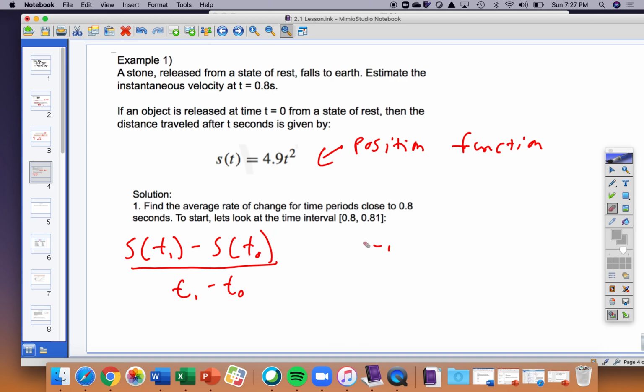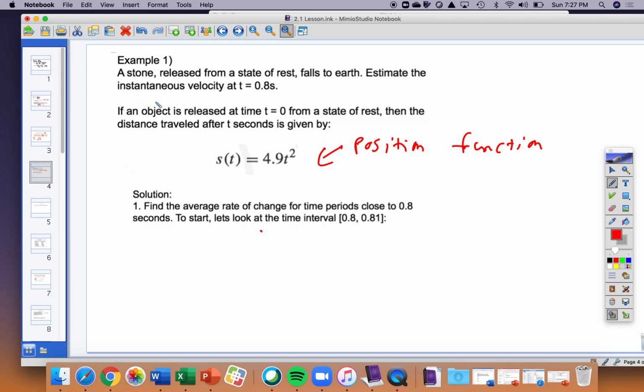So we're going to plug these values into this formula. We're going to find s of 0.81 minus s of 0.8 all over 0.81 minus 0.8.